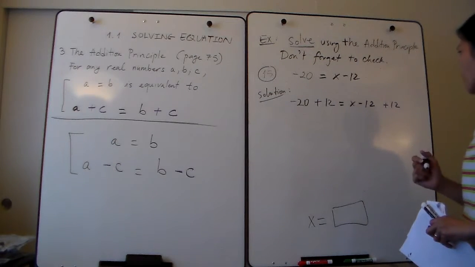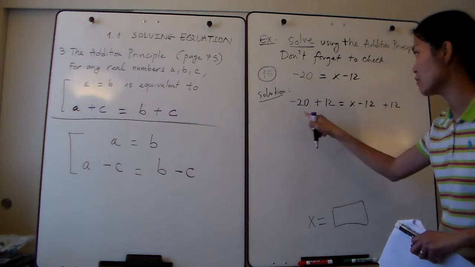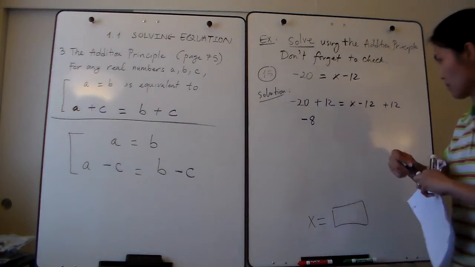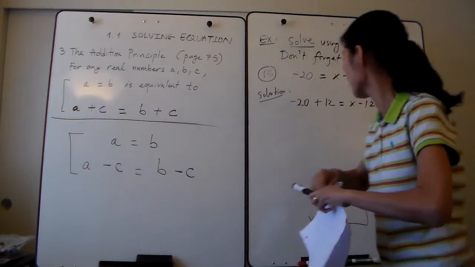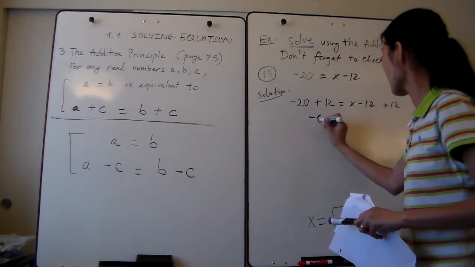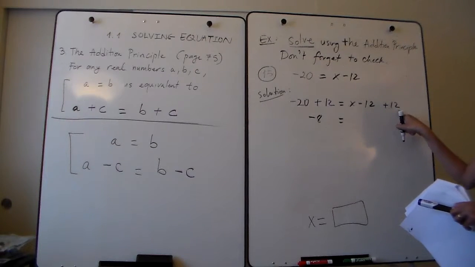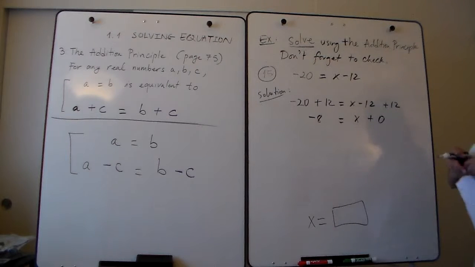Now let's simplify. Negative 20 plus 12 is negative 8. Equal to negative 12 plus 12 is what? 0. So x plus 0, which is what we want.